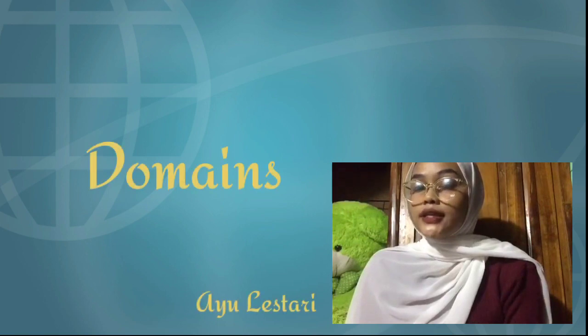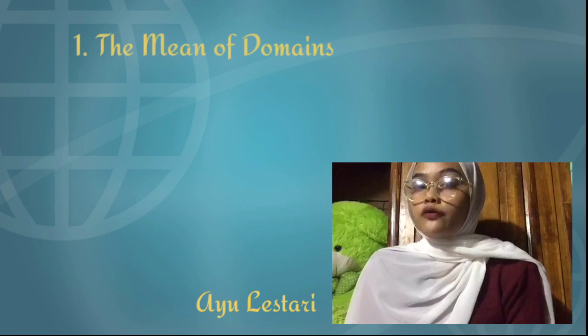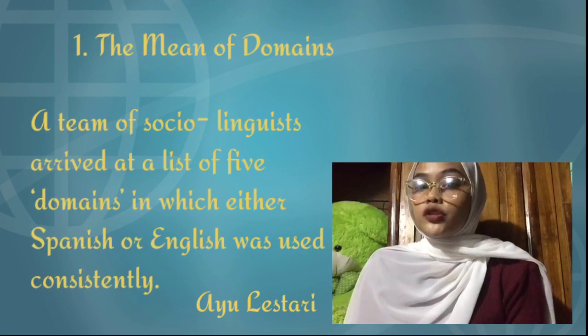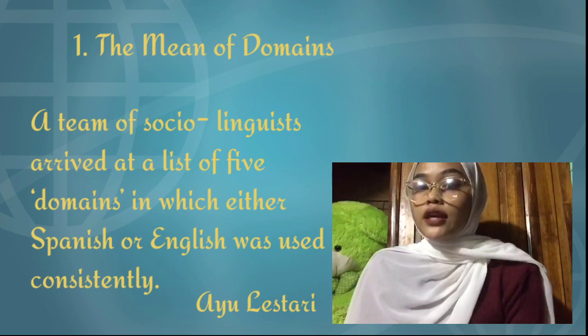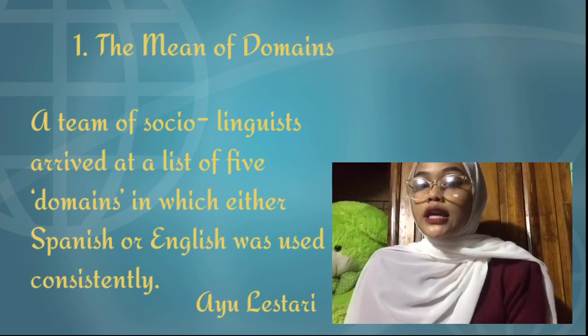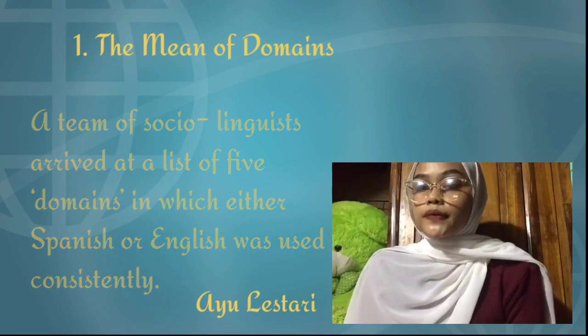I want to explain my material about domains. The first point is the meaning of domains. In research on the Puerto Rican community in New York City, a team of sociolinguists arrived at a list of 5 domains in which either Spanish or English was used consistently.